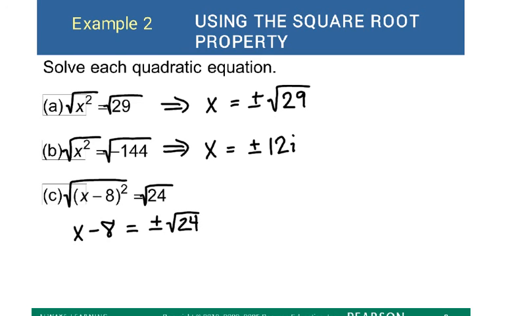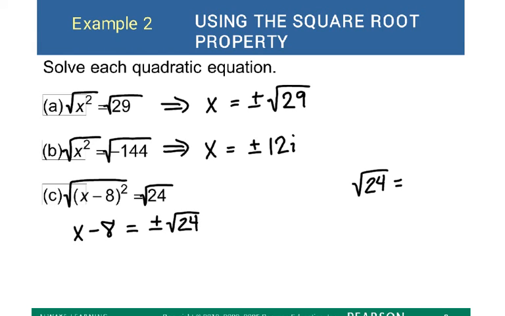Let's go ahead and simplify the square root of 24 off to the side here.